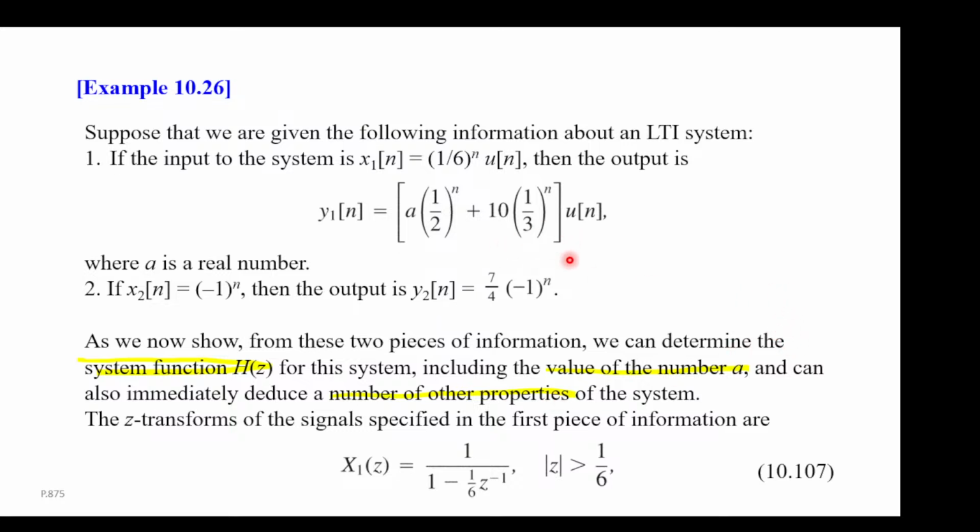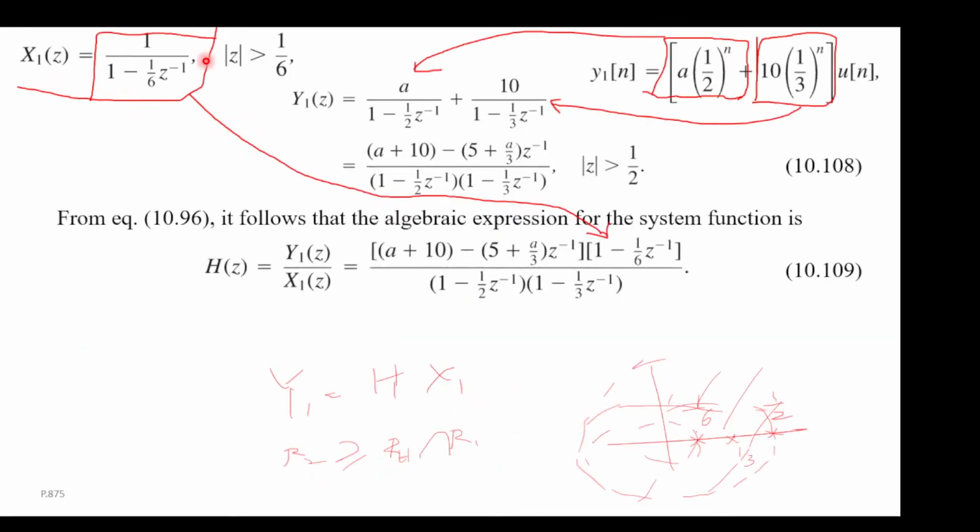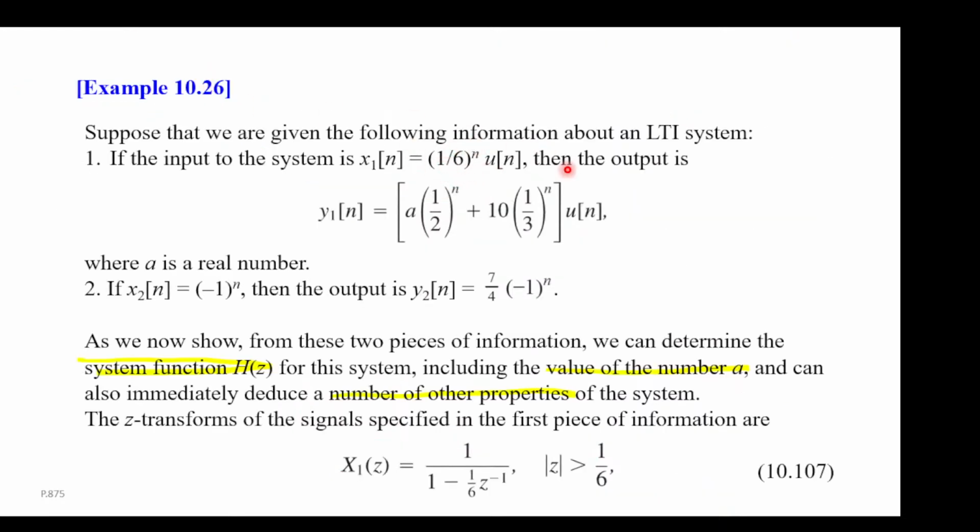Let's see how this works. First we do the Z transform on both of these. So we have small x1 transforming to big X1, and small y1 to big Y1. x1 will transform to our favorite with a equal to 1/6.